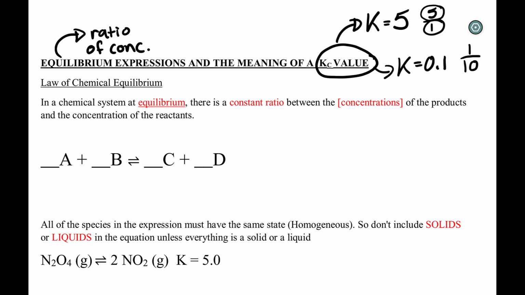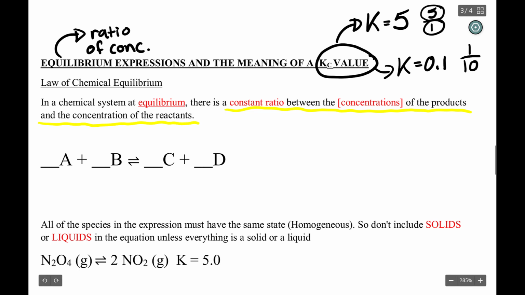So I'm going to start with the equilibrium expression. Again, what an equilibrium expression is depicting is a ratio between the concentrations of the products and the concentration of the reactants.